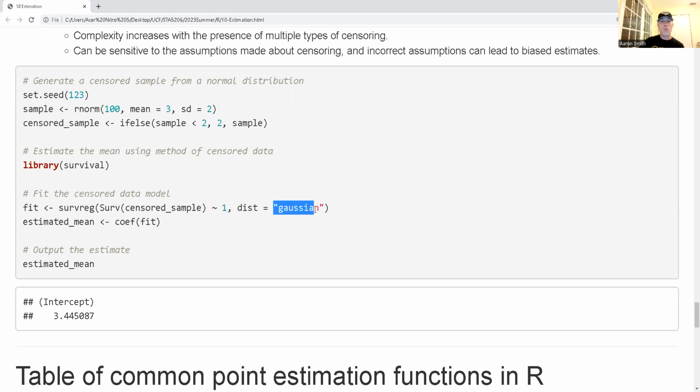Here our distribution is Gaussian, and then we run the survival regression function, and the coefficients give us the value. Here we get our intercept of, sorry, 3.4, which is not too far off. If I had more data, it probably would have given me something better.